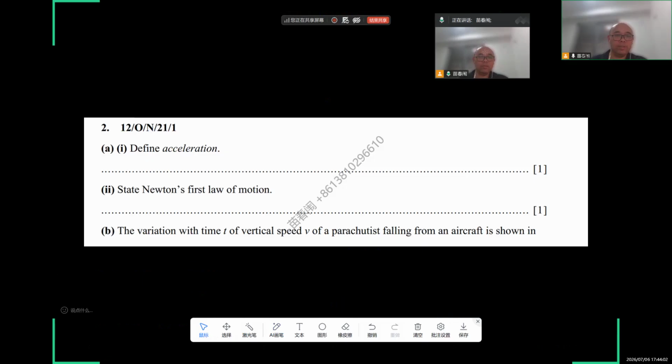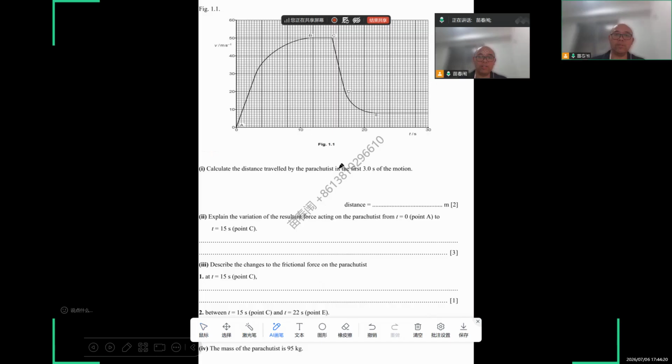This is a real example. We're going to skip the first 2 questions since we focus on terminal velocity here. Here the parachutist is falling from an aircraft, which is just the example that we talked about. Oh, I love this picture. I can totally draw all this. I can draw the force diagram, which is always a key in this kind of situation, right?